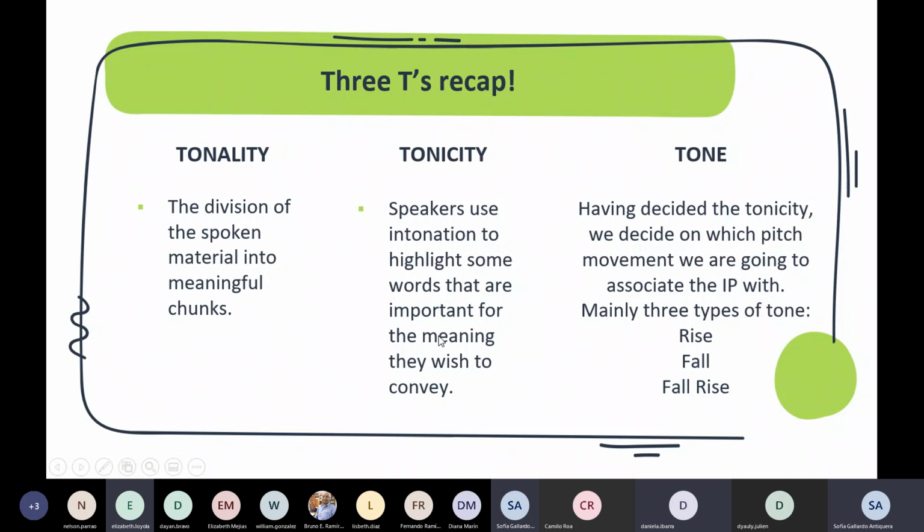Elizabeth? Maybe the tonality are the pauses that we do while we speak. Great, yes, very well done. Now, for tonicity, who can tell me the components that are within tonicity?